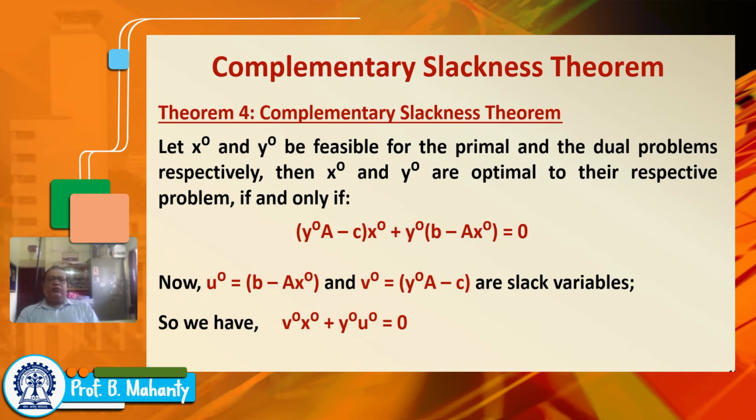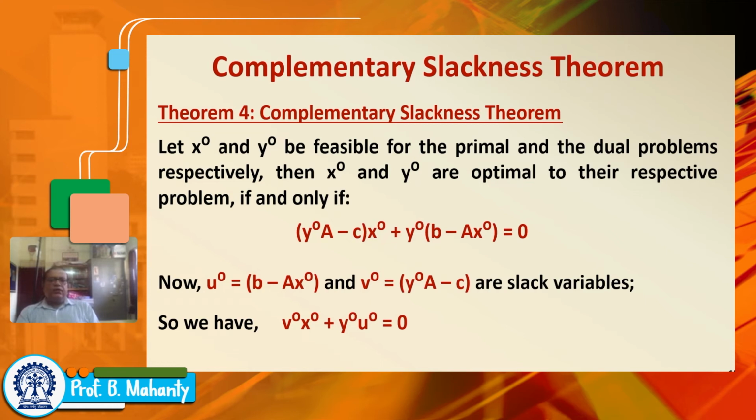If x0 and y0 are feasible for the primal and the dual problems respectively, then x0 and y0 are optimal to their respective problems if and only if (y0a minus c) into x0 plus y0 into (b minus ax0) equals 0.